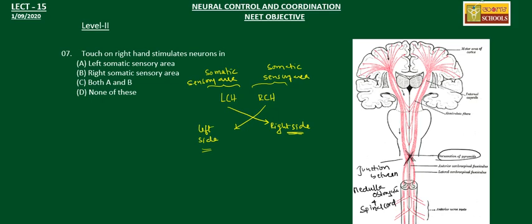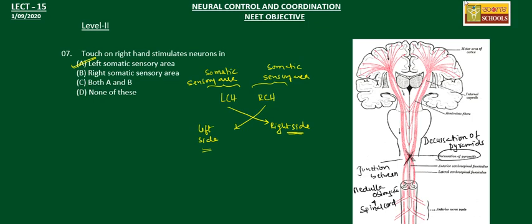So I'll write here, a little bigger, decussation of pyramids, right? So hence the right answer in this case: the touch on the right hand stimulates neurons in the left somatic sensory area. So option A is the right option.